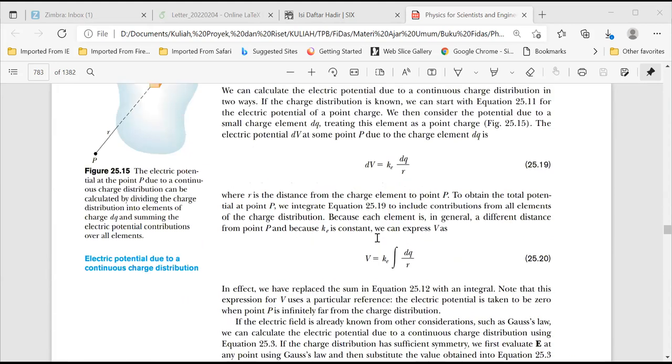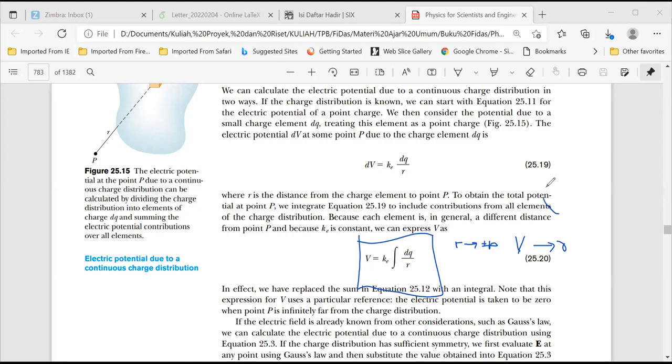In this case, we have this form, 25.20. This equation has a condition. What is the condition? If r goes to infinity, then V should go to 0.